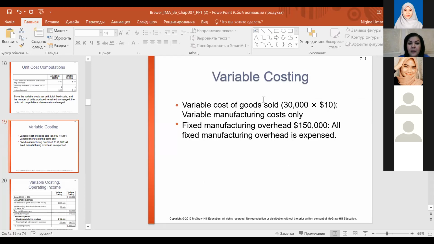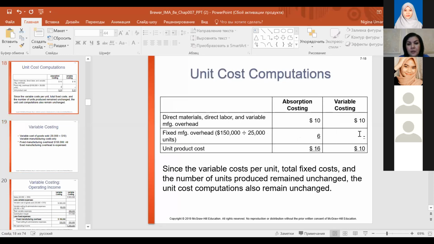Okay, under variable costing, what is the variable cost of goods sold? Now the company sells not 20,000, now the company sells 30,000 units. So what is the cost per unit? From this table, $10.